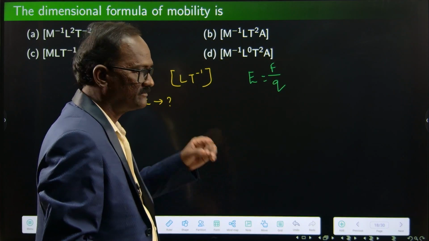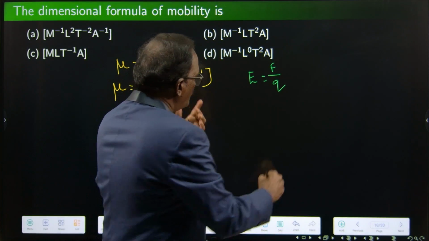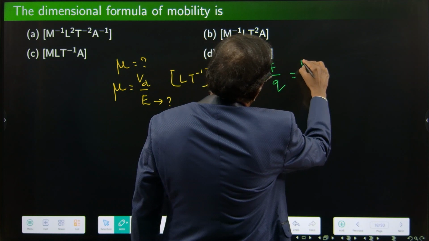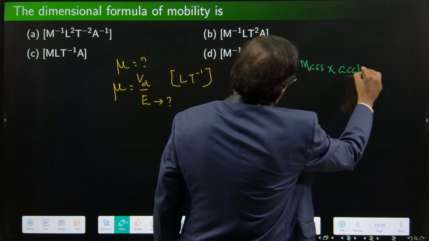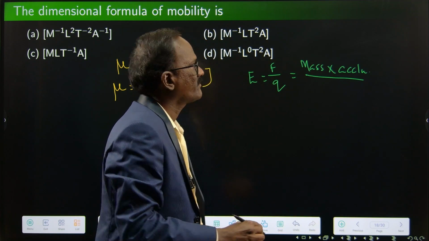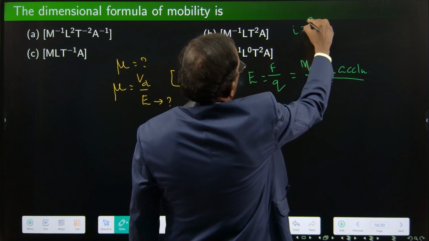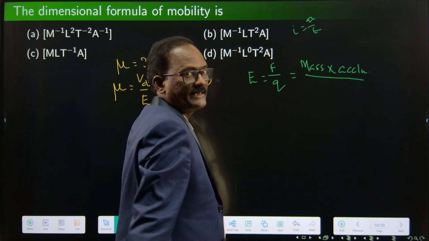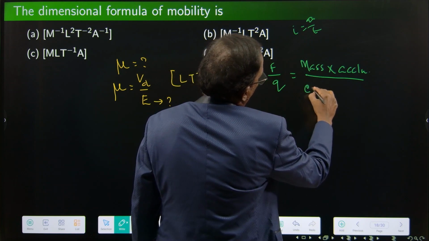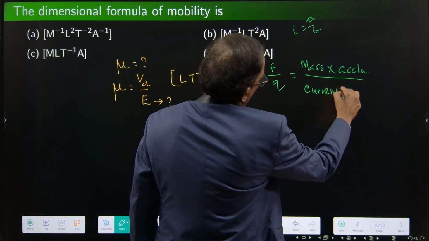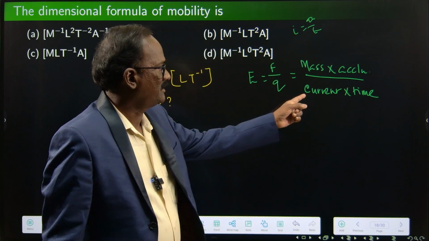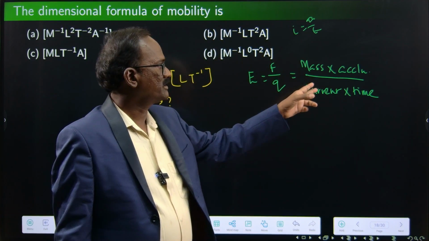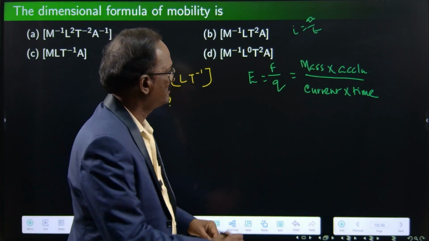Coulomb's force by Q. Force, we will write it as mass times acceleration. For Q, I is equal to Q by T, so Q is equal to IT, current multiplied by time. Ampere is one of the fundamental units, that is why we are bringing current here.